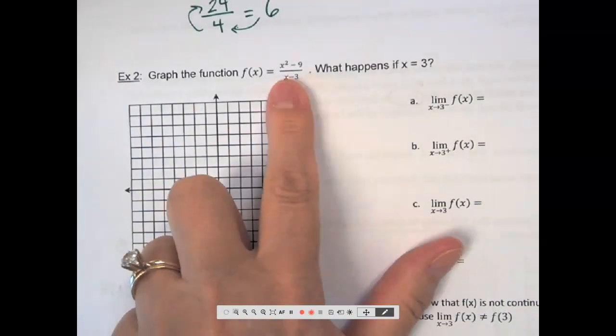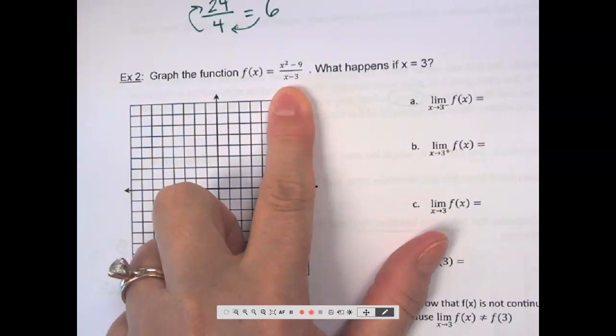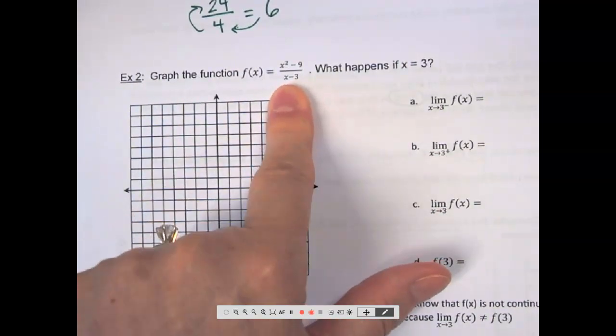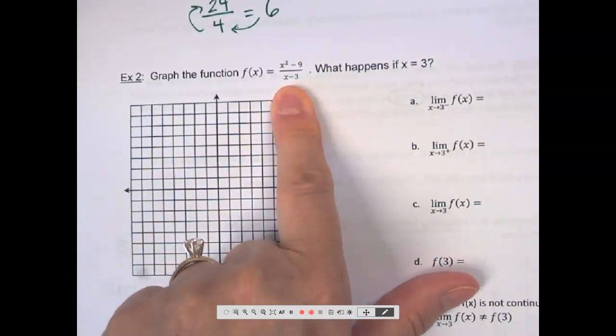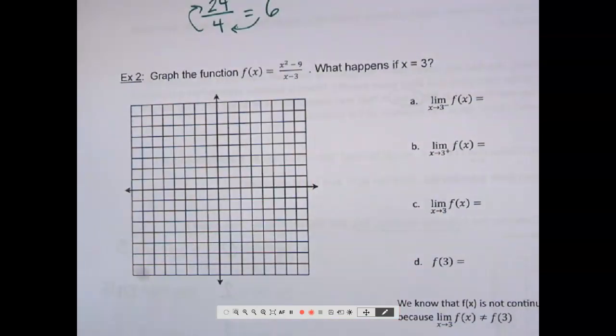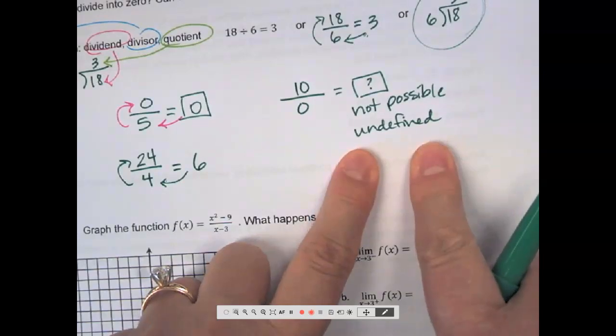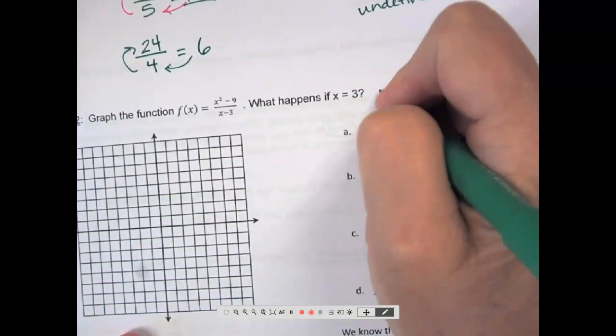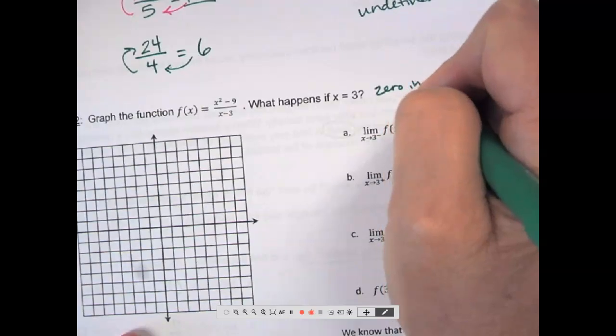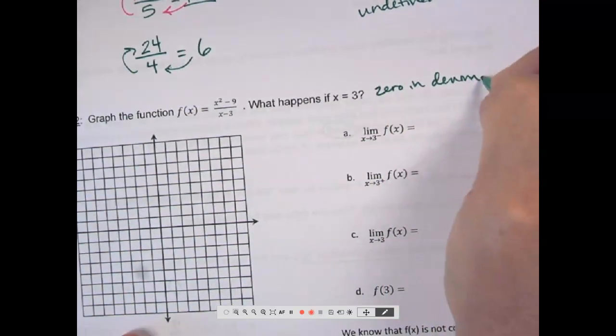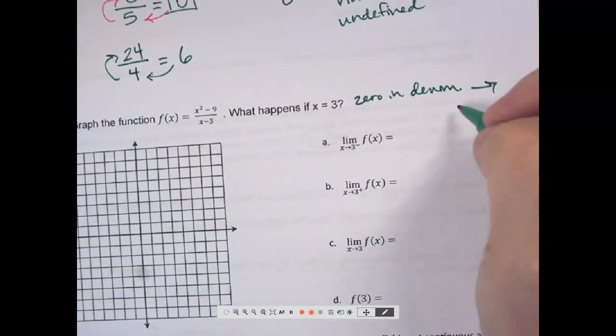So what happens here if I let x equal 3? I get a 0 in the denominator, which is undefined. Okay, so if x equals 3, I get 0 in the denominator, which means undefined.